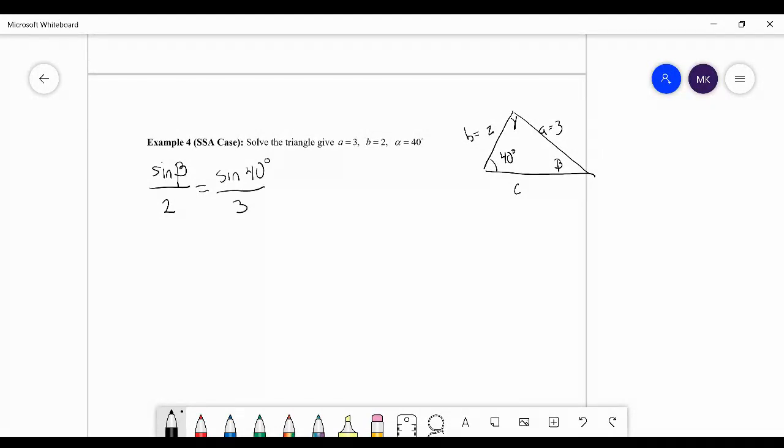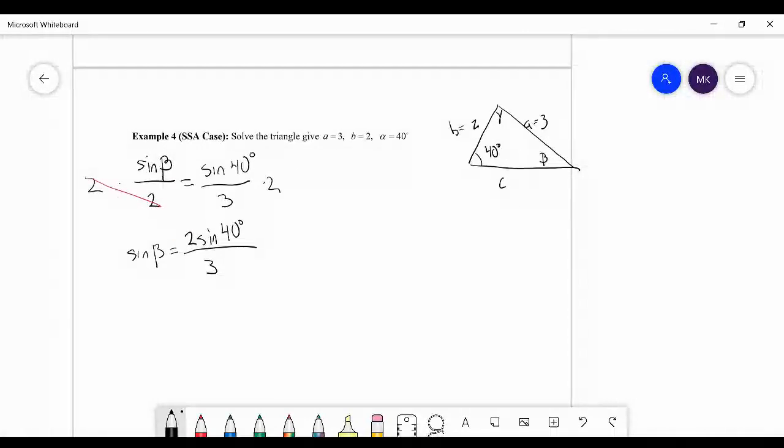So multiply both sides by 2, and we get sine of beta is 2 sine 40 degrees over 3. And then we can use inverse sine functions. Our beta we know is going to be an acute angle, but even if it were obtuse, this would still work out for us.